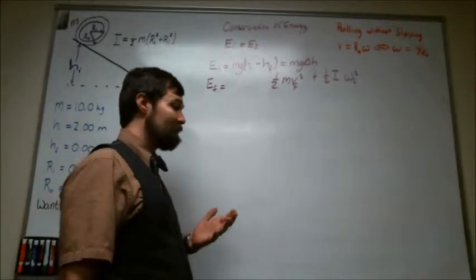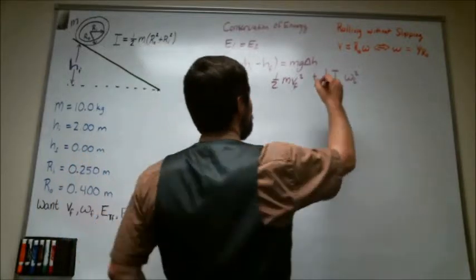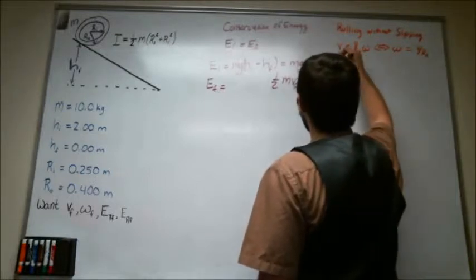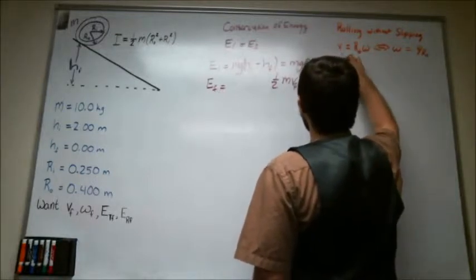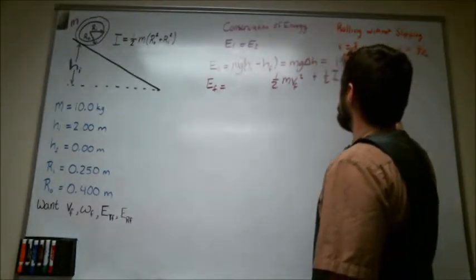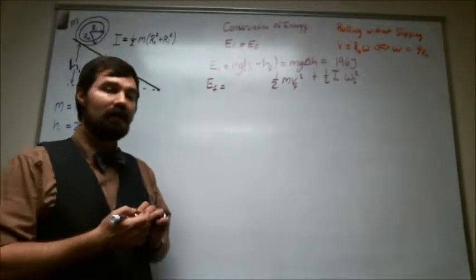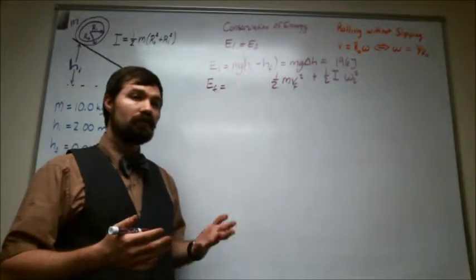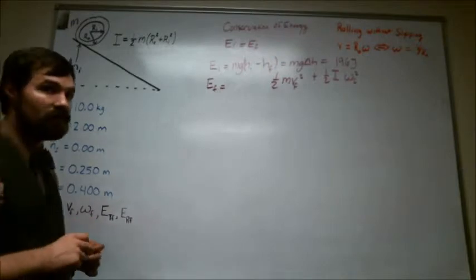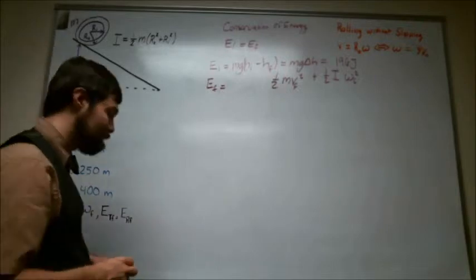And for what it's worth, this initial potential energy comes out to 10 kilograms times 9.8 meters per second squared times 2 meters, and that comes to 196 joules. So I'm going to put that up there right now to use as a reminder for later, because we're going to be finding some kinetic energies at the end, and hopefully they add up to 196 joules.